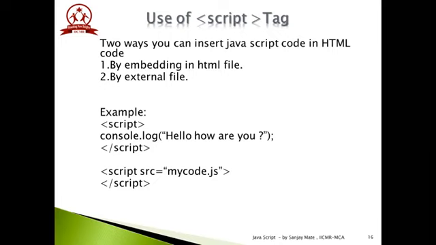That's all. In the HTML file, only these two lines are there: script src equal to mycode.js and the script closing tag. Whatever code you write will reside in mycode.js. This file should be present in the same folder where you are saving the HTML file, so the path should be the same. Otherwise, you can specify the path here.